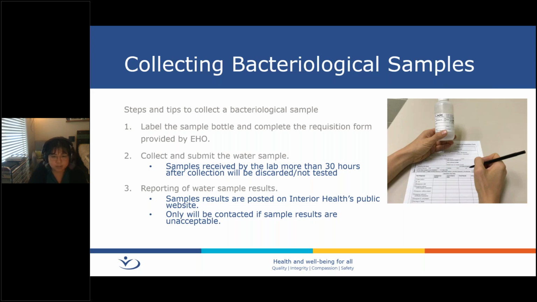Oftentimes, water suppliers or the water sampler forget to write the information on the sample bottle. And so we oftentimes get calls from the lab asking for confirmation. Also, another common issue we get is the water sampler not writing the date or time correctly on the requisition form. So make sure that those are correctly written on the requisition form.